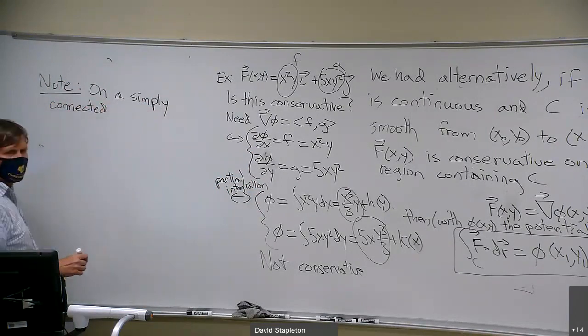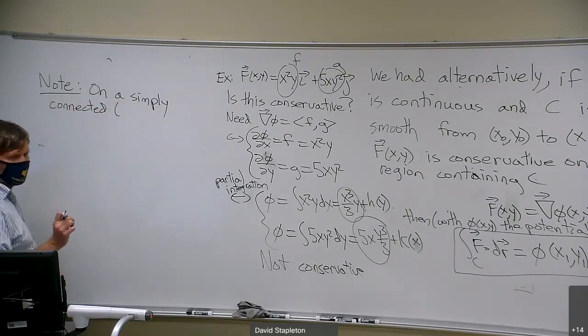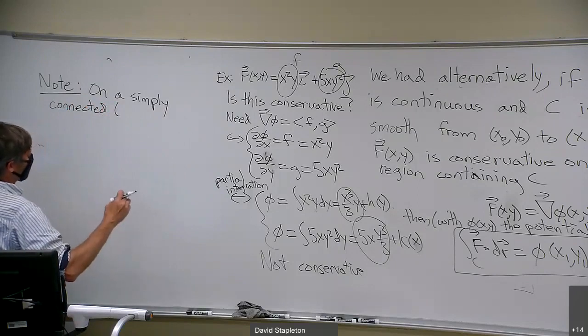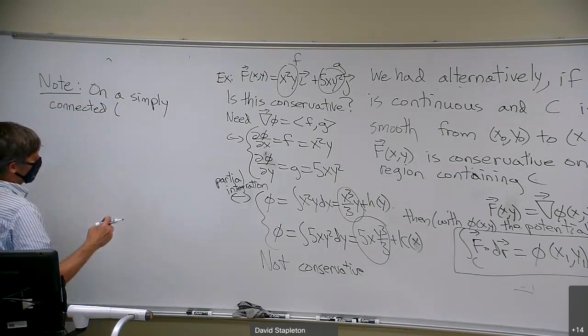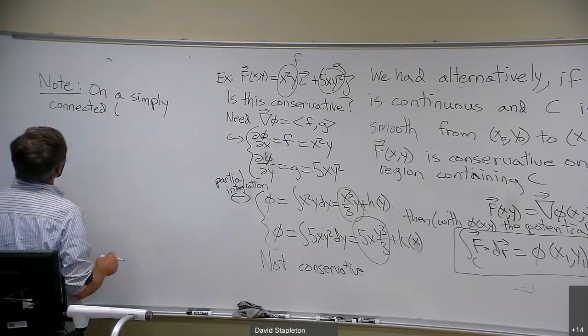What does simply connected mean? Anybody know that one? Differential equations. Simply connected means it has no holes. Every closed curve within the region can be drawn to a point without exiting the region. So if there's a hole in the middle, you can't draw every closed curve to a point. A curve surrounding the hole will be caught on the hole eventually.